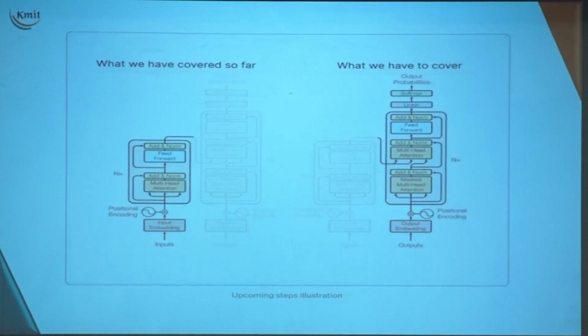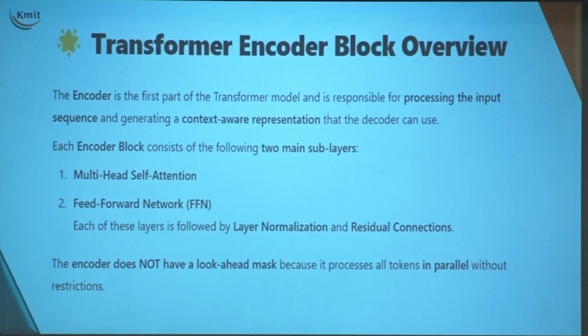Okay. Now, what have we covered so far? The encoder part. So what are we going to do today? The decoder part. Okay. So before we actually step into the decoder, I'll quickly recap what we saw in the encoder. What does the encoder do? The encoder is the first important block of what? The transformer model. Okay. So the encoder is responsible for what?